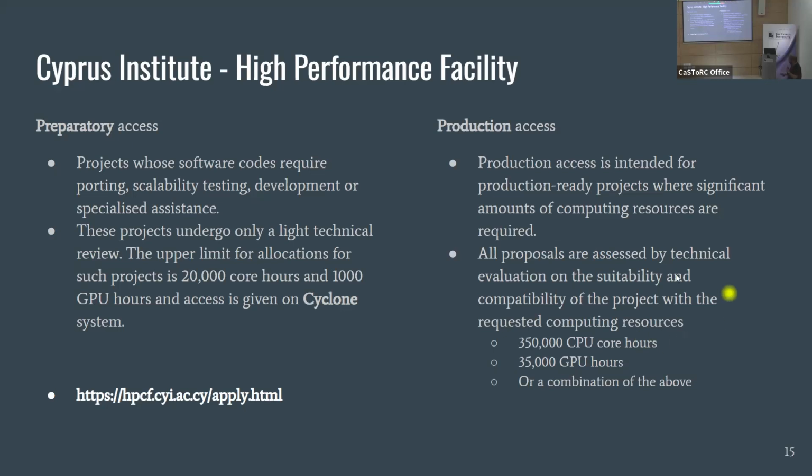There's a much higher compute resource available. You can get up to 150,000 CPU hours and 35,000 GPU hours, or some combination of the above. It's a much more rigorous technical review for this kind of access. And then you need to submit reports on how you utilized it. It's much more intense, but it's available to you as well.